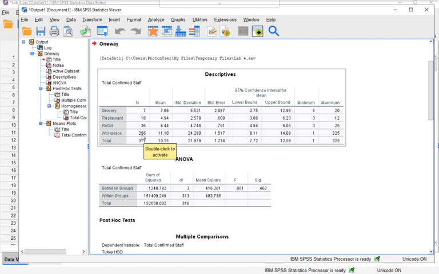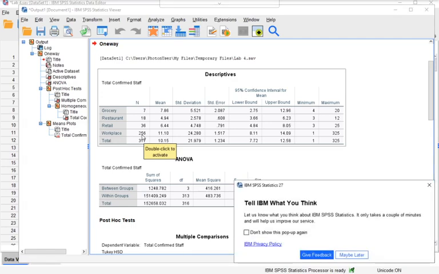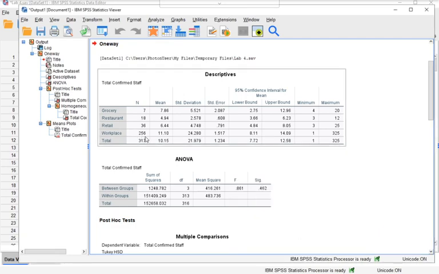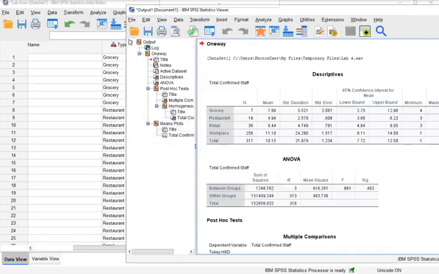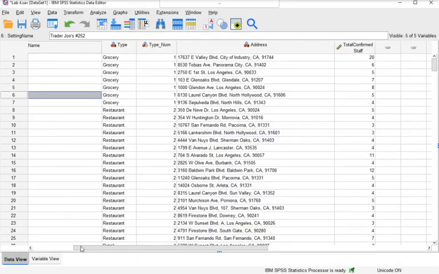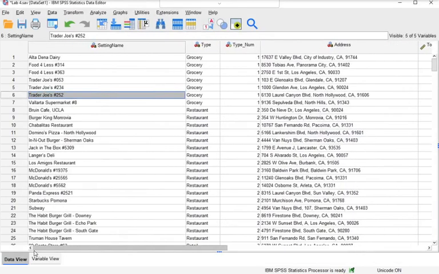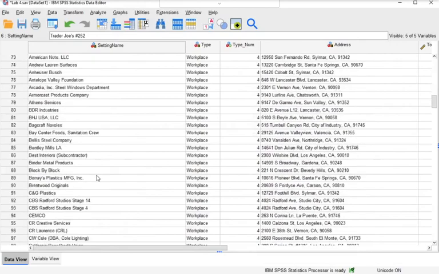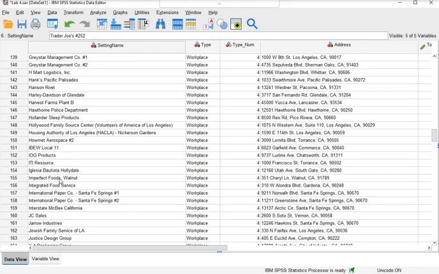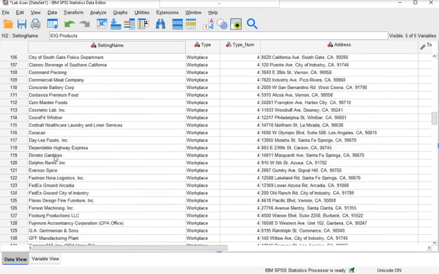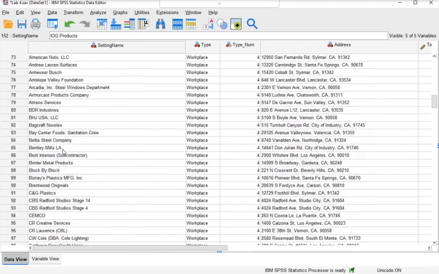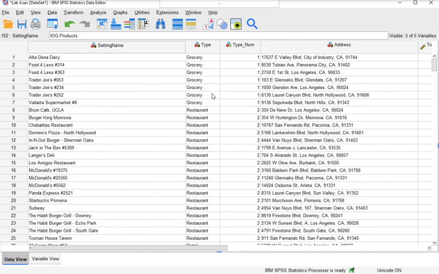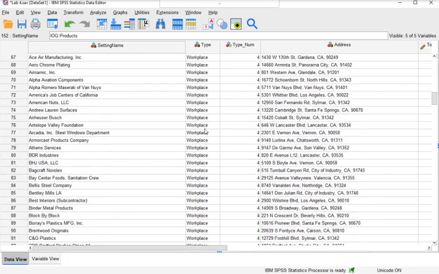So for any group that I was looking at, you know how I manually went through and just assigned each of those outbreaks into a group. And the thing is that there's a lot of workplace because that was sort of my catch-all group. So anywhere that I wasn't sure, if it didn't fit into grocery, restaurant, or retail, I put into workplace.